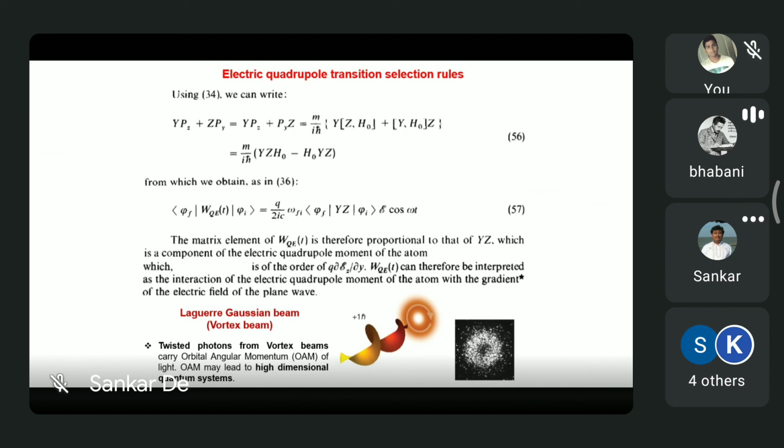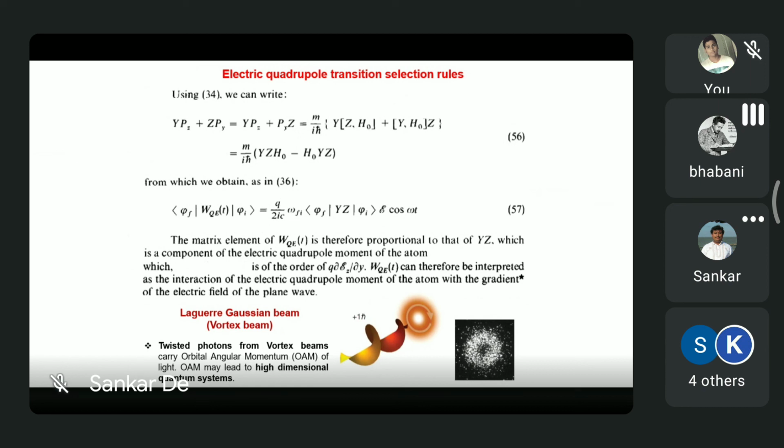Yes, sir, we did that because we don't know how Y and PZ are acting on the states phi_i and phi_f, but we know how H0, which is the unperturbed Hamiltonian, acts on phi_i and phi_f. If I act on phi_f, I will get EF.